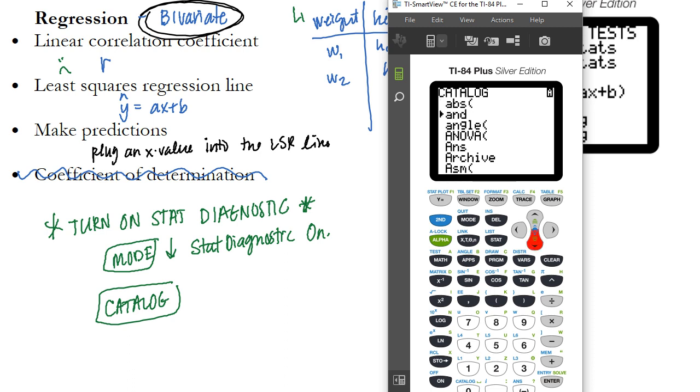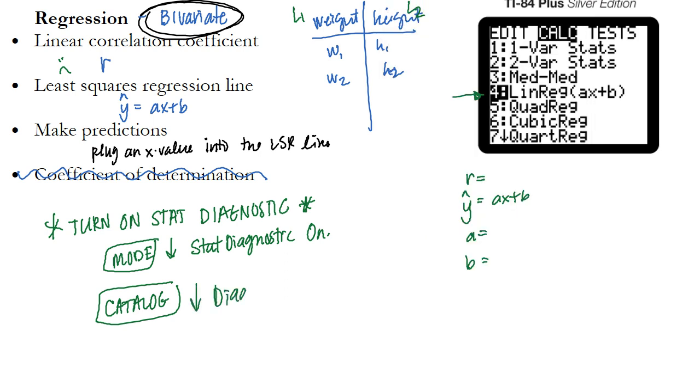So now your job is to scroll down until you find diagnostic on. It looks like that, diagnostic on, press enter probably twice. Call the function and then run it.